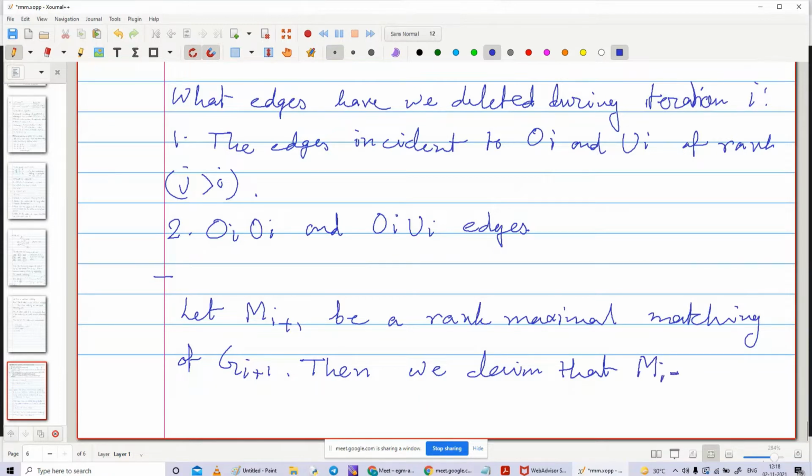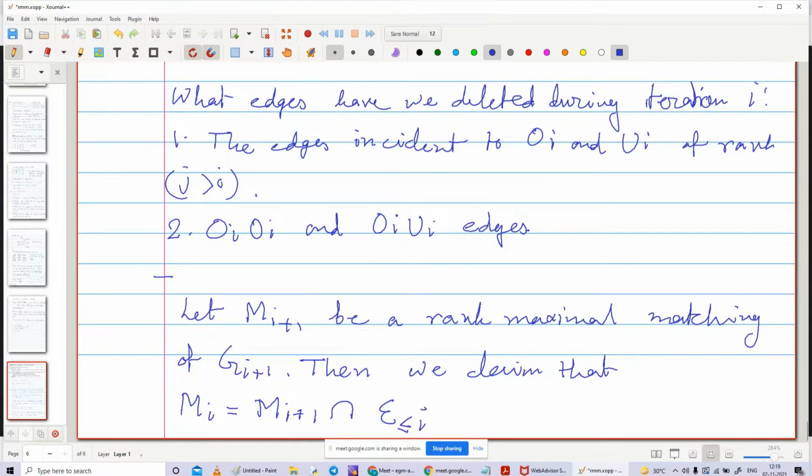Let's define Mi as another matching: Mi plus 1 intersection the edges of rank less or equal to i.